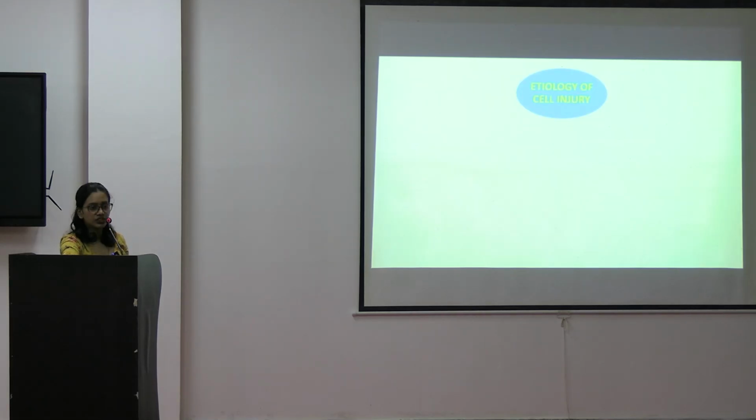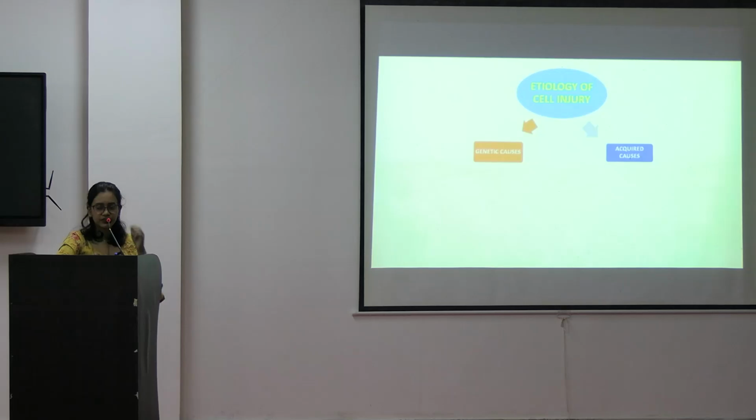So what are the etiologies of cell injury? So they can be broadly divided into genetic causes and acquired causes. So the best example of genetic causes are syndromes or inborn errors of metabolism. Do you guys know what are the inborn errors of metabolism? Or any idea about it? Yeah? In biochemistry, you must have dealt with it, right?